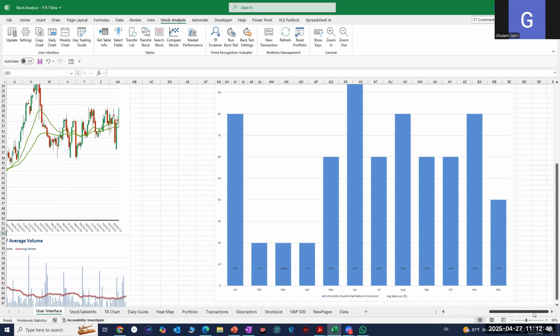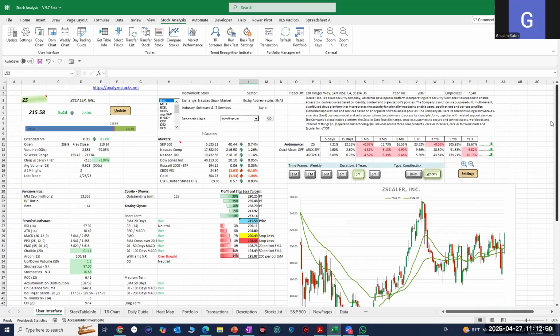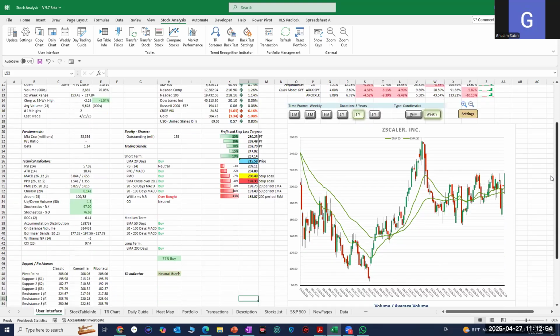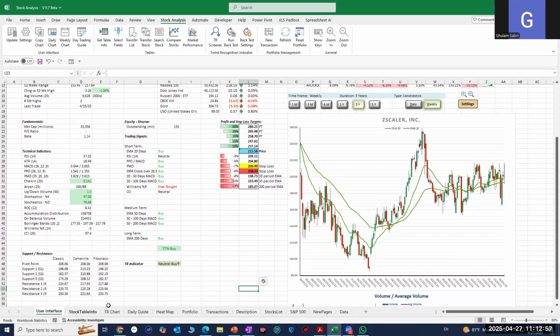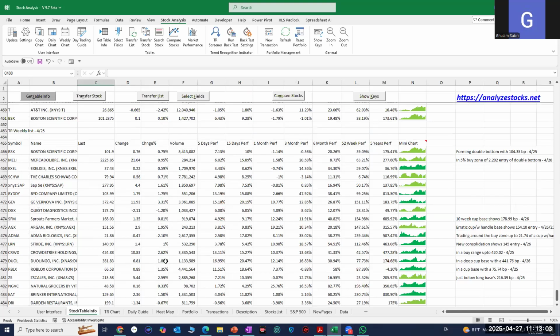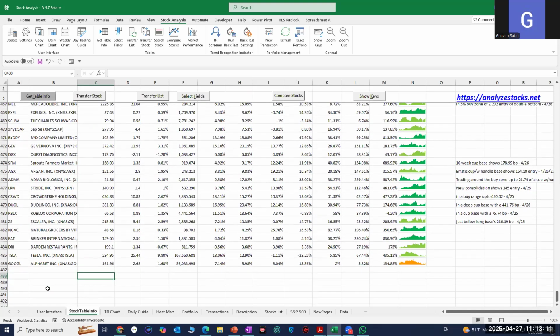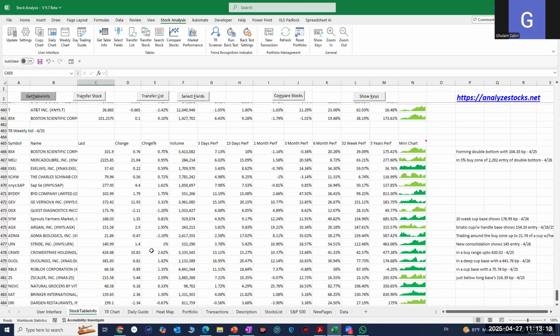But before that, we also take a look at when its earnings are due. I think its earnings are not very far away, or maybe we will take a look when they are due. Besides this main user interface worksheet, we have another worksheet known as stock table info. What is going on here is that we can maintain as many watch lists and lists as we want. So you see there are 486 different rows, but there are several worksheets.